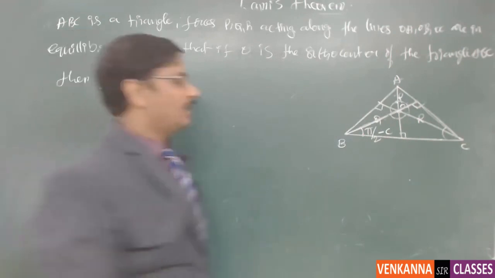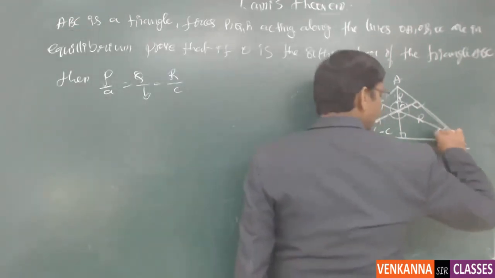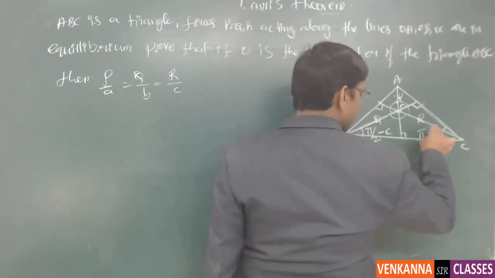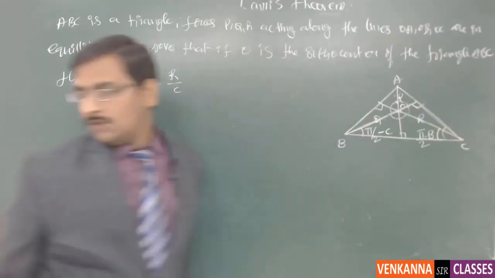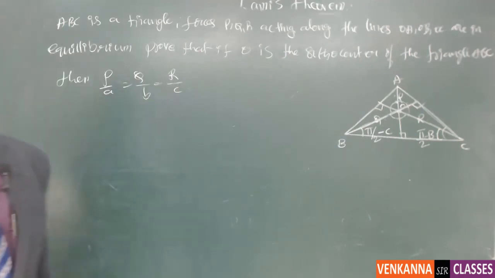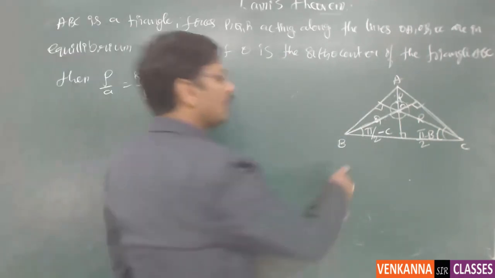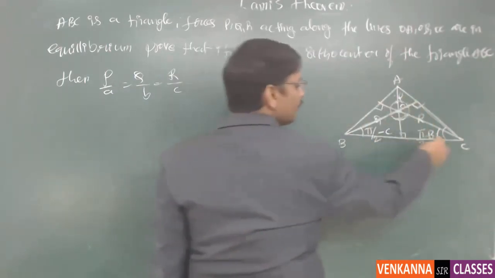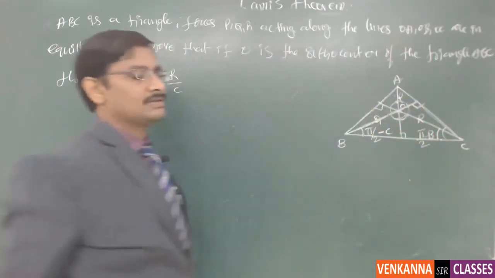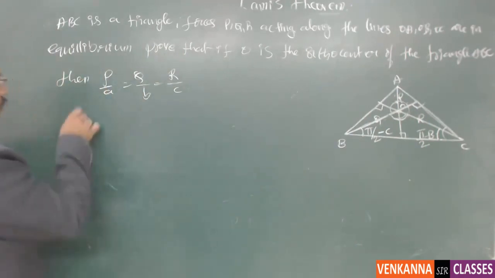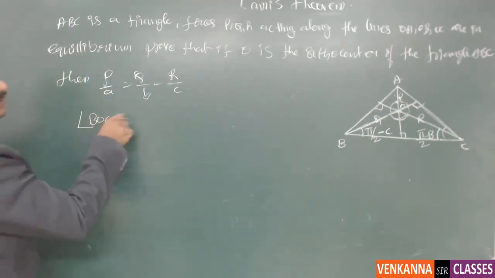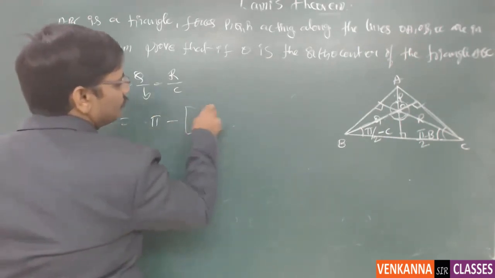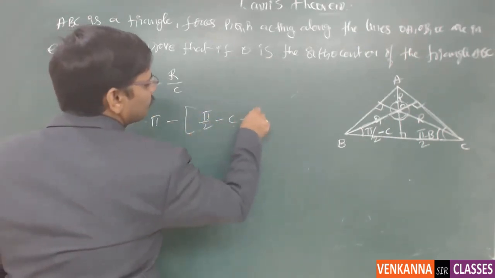In exactly the similar manner, you can identify this angle as 90 minus B. If you know these two angles, then you will be able to identify this angle, because the sum of this angle and this angle is equal to 180 degrees. So angle BOC is equal to 180 minus the sum of these two: pi by 2 minus C plus pi by 2 minus B.